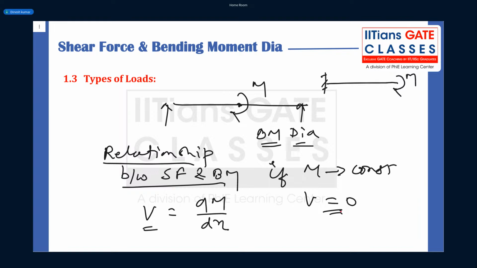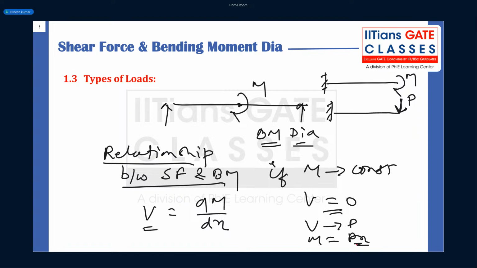Clear? Now suppose you have a point load P. What is your shear force? V is P. So what will be M? M is Px.